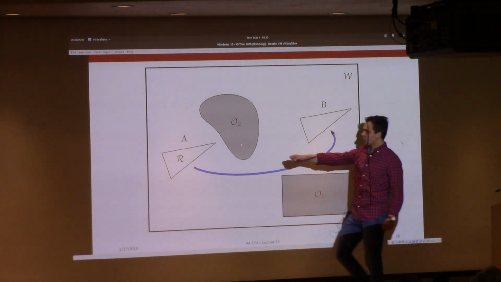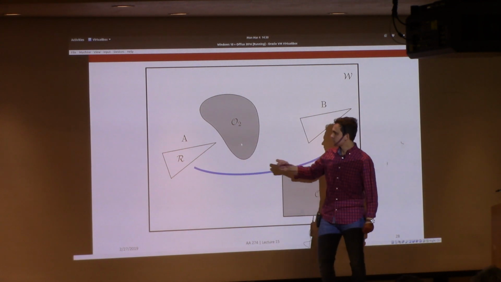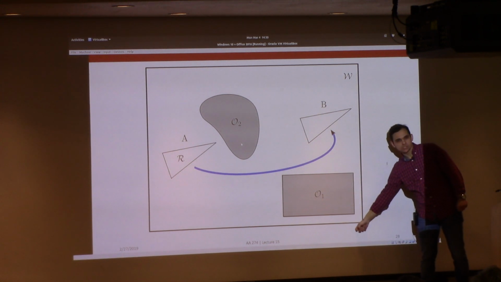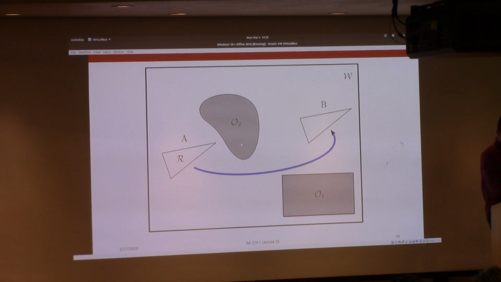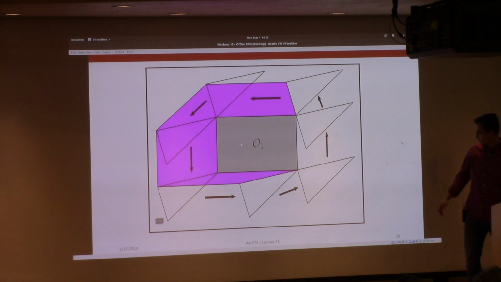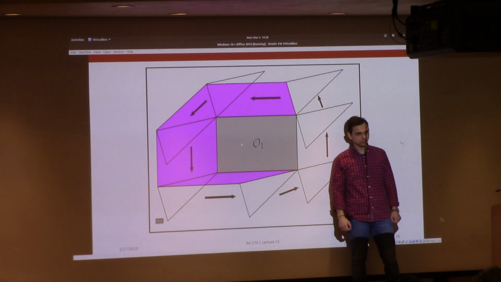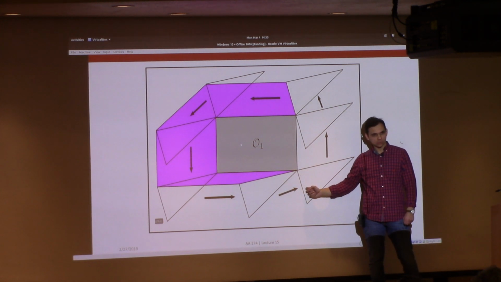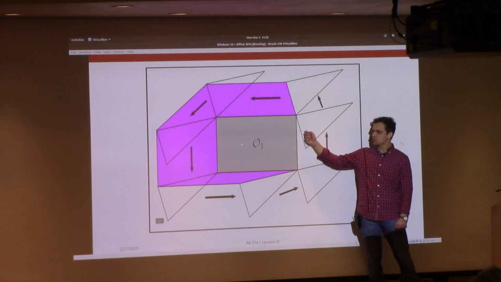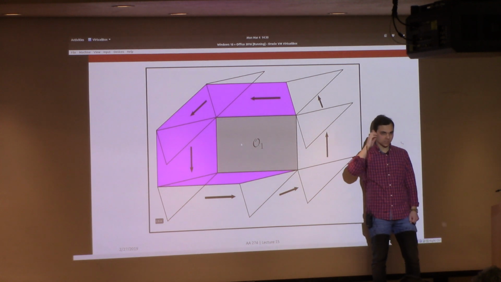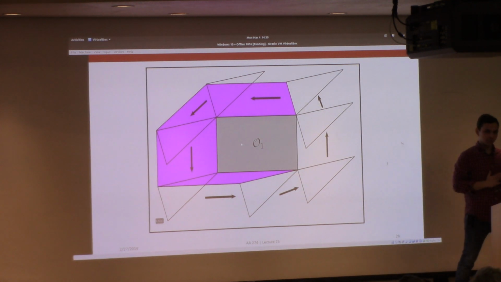We have a triangular robot that is only allowed to translate. We have here two obstacles, and we actually have another obstacle, which is the boundary of the environment. How would we compute the free space for this problem? Let's just look at one specific combination of obstacle and robot. We will slide our robot such that it exactly touches the obstacles, and all those points that lie inside of this area are the forbidden configurations.